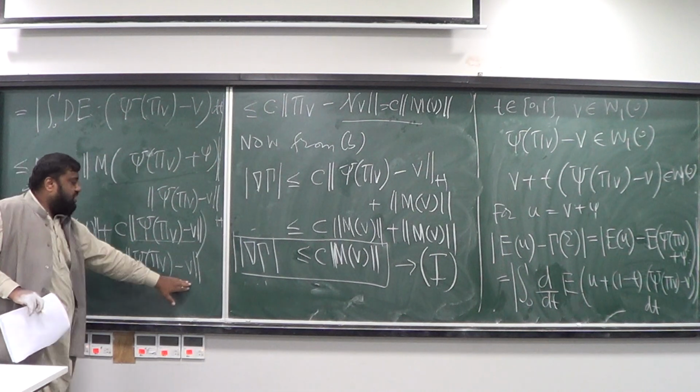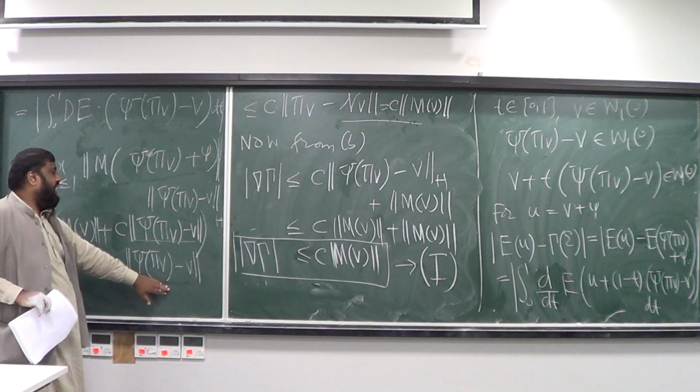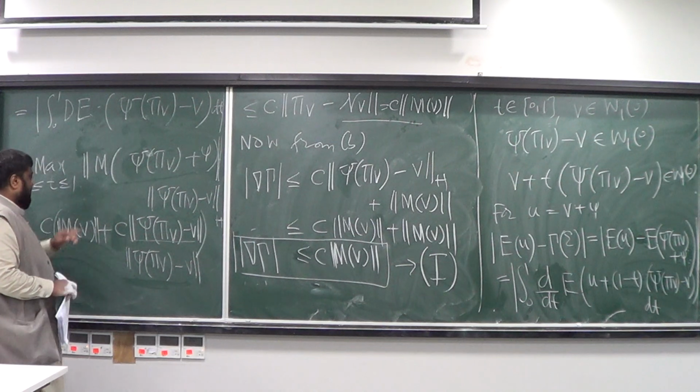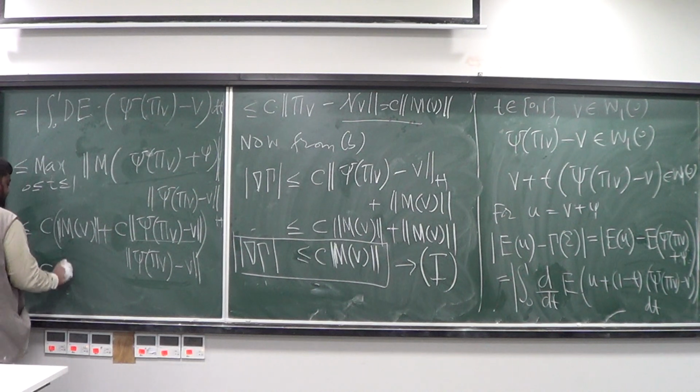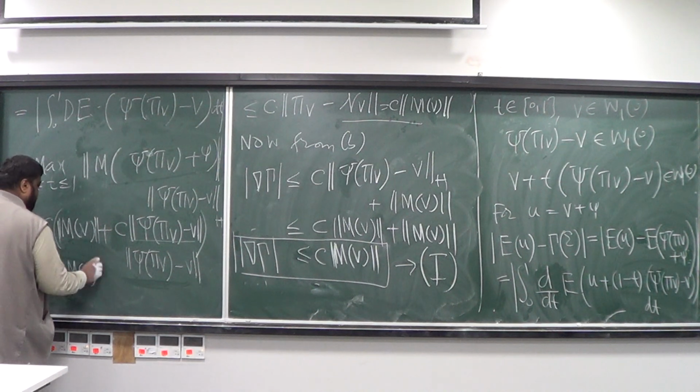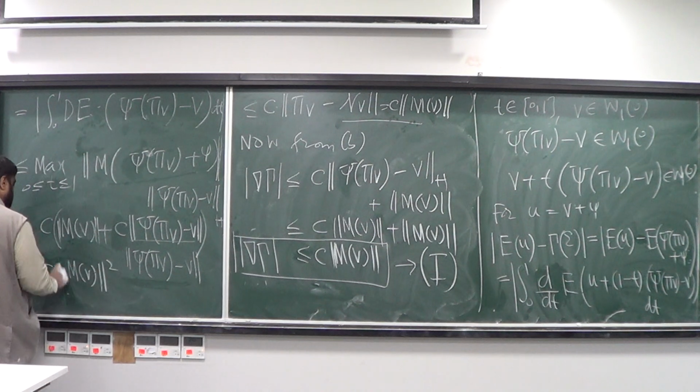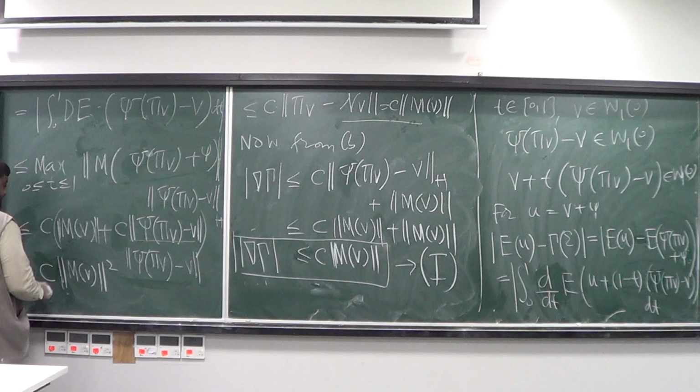If you put all the constants together, you can estimate this by some constant times the norm of M of v squared. This is another important inequality.